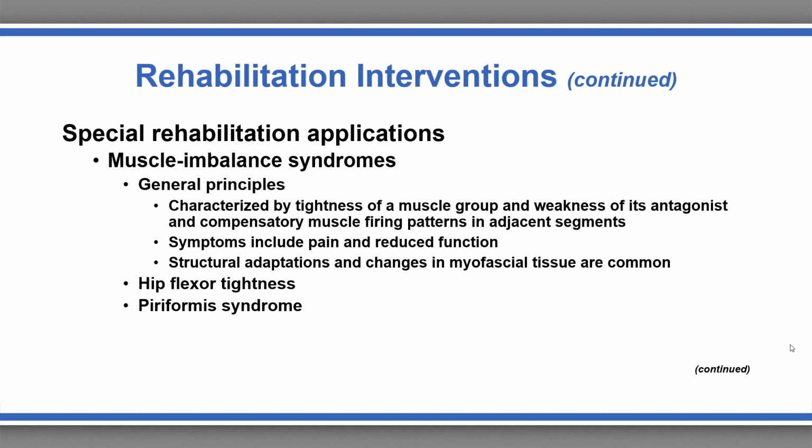In this case, the tightness of a muscle group refers to the hip flexors being tight and restricted, and the weakness of its antagonistic muscle would refer to the hip extensors as they are weak and inhibited. This muscle imbalance syndrome is characterized by an exaggerated anterior pelvic tilt with lumbar lordosis while standing.